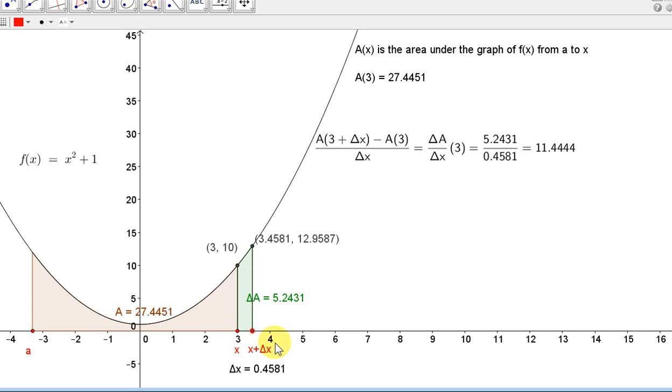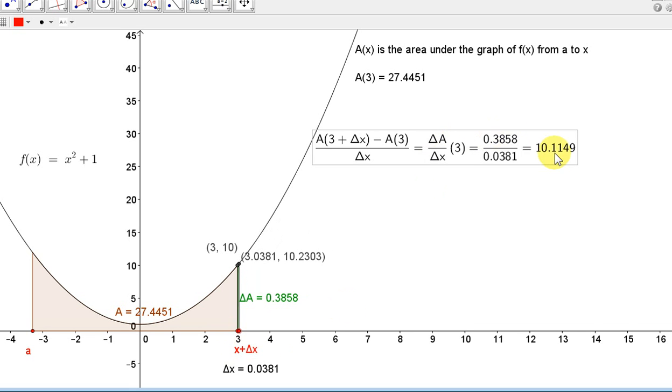Well, delta x is getting smaller and smaller, as you can see. Delta x is approaching 0. It's now 0.2681. And obviously delta A is getting smaller and smaller as well. So we're going to make delta x approach 0 but not equal to 0. Notice what's happening to the ratio delta A over delta x.